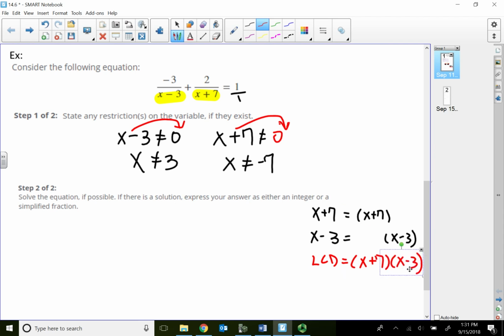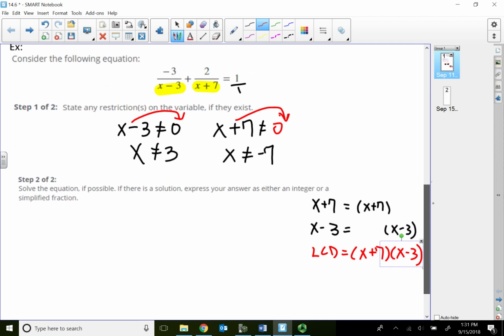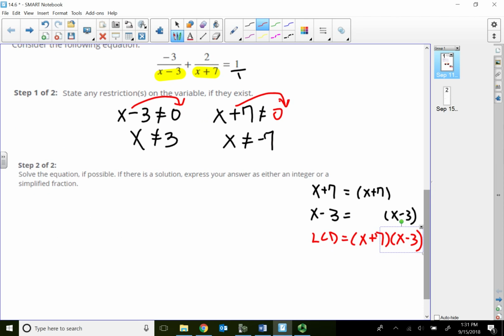We're going to use the same technique as we did before. All right, let's take a look at this equation up here. Multiply every term by the least common denominator. I'm going to write it down this way just this time, so next time we can do it just by looking at them.